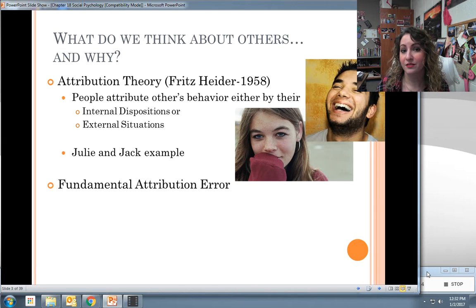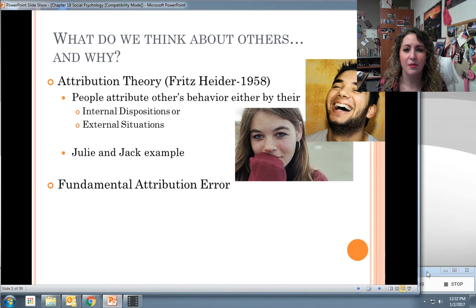Maybe the reason that Julie's so shy is that it's first period and she's still really tired from working late at night. Maybe Jack is trying to be funny in class because he's trying to get the attention of the girl that sits next to him. Maybe Julie is shy because all of her friends are in another class period and she's really talkative around them, but she's not so much here.